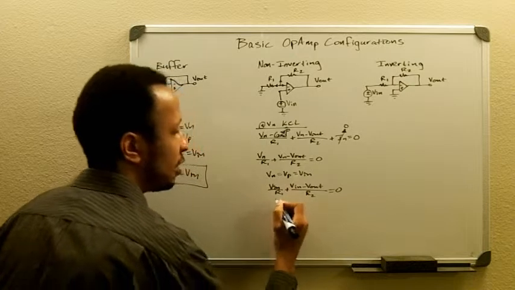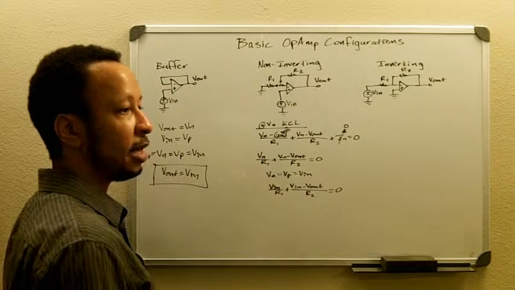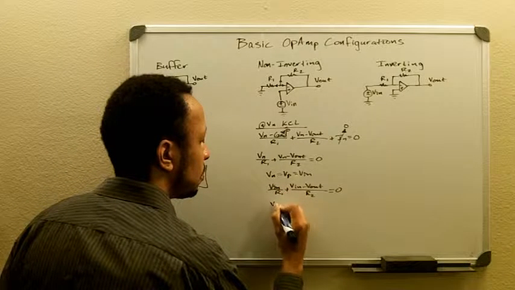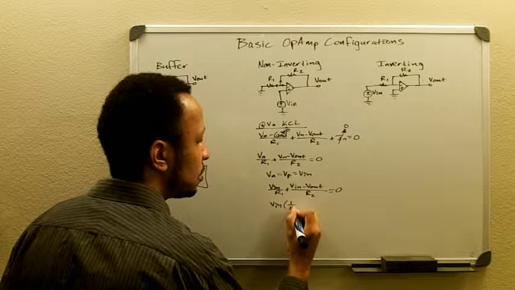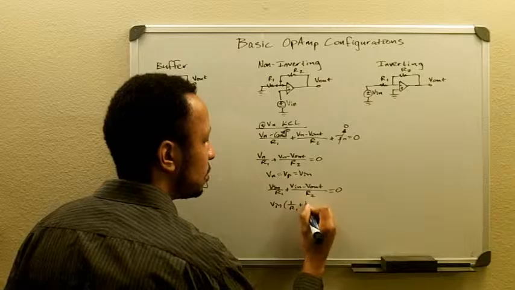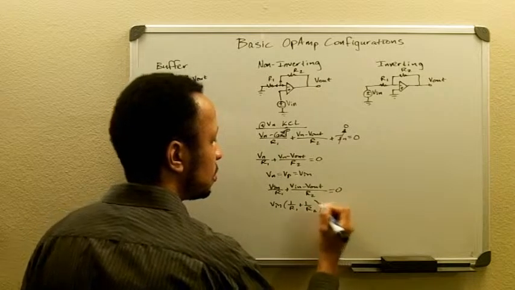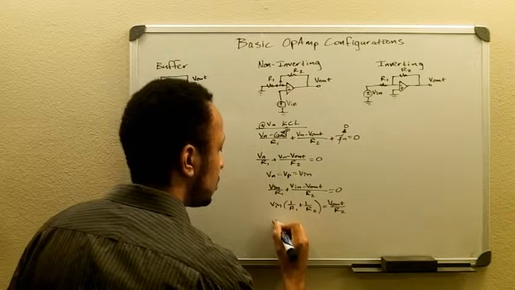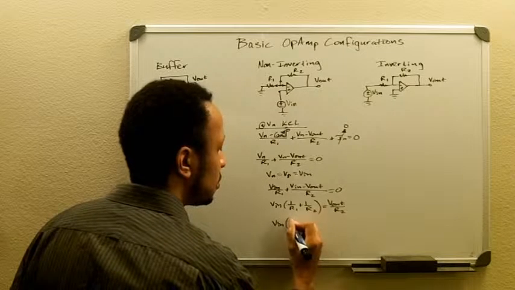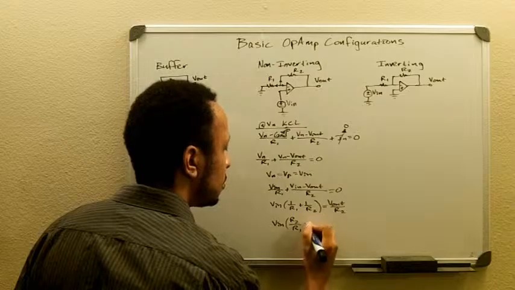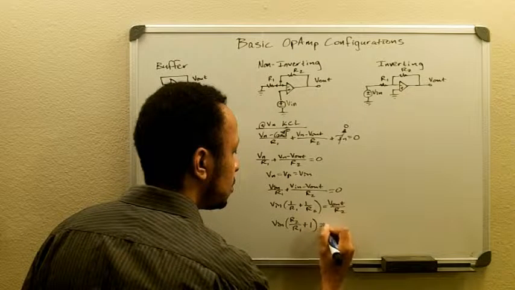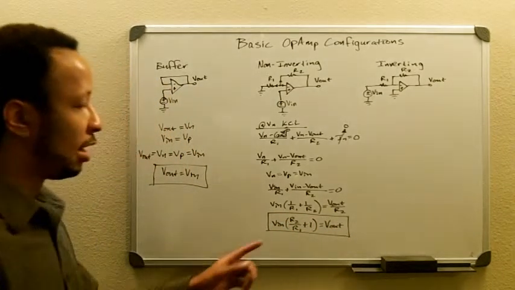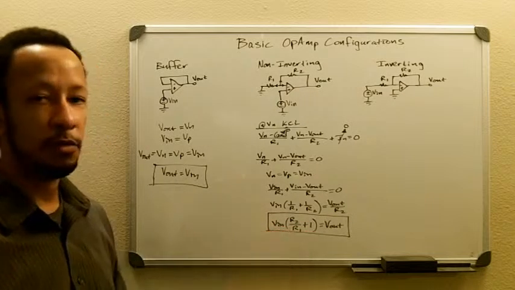And so by rearranging this so that we have a relationship of V out in terms of Vn and the resistances R1 and R2, this will be our functional relationship between V in and V out.